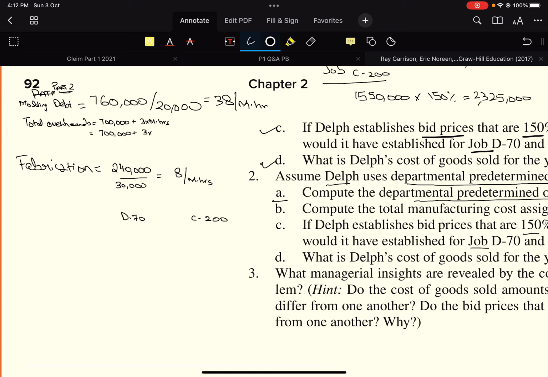We will do job D70 and this as C200. Material cost, labor cost and overheads. Material cost is 700,000, this is 550,000. Labor cost is 360,000, this is 400,000.